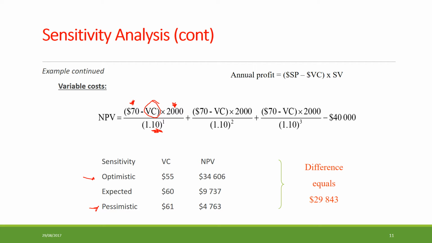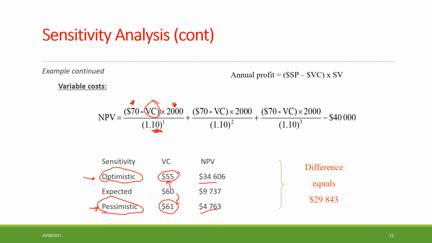We estimate the worst case scenario, so how much in maximum the variable cost can be. This is a cost, right? So the pessimistic case is when the cost increases. And in the best case, if we can be efficient, then our cost can reduce to 55, right?